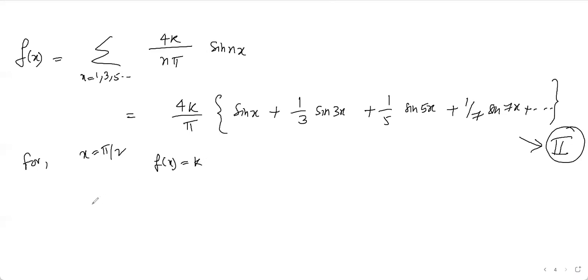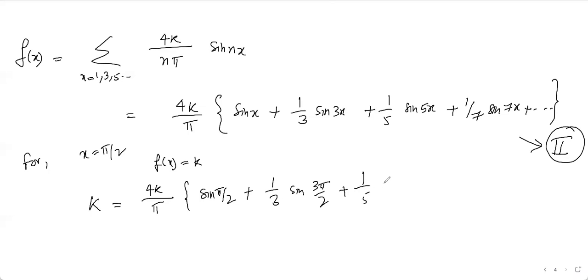So on the left hand side you have k, and on the right 4k by pi times sine pi by 2 plus 1 by 3 sine 3 pi by 2 plus 1 by 5 sine 5 pi by 2 plus 1 by 7 sine 7 pi by 2, and so on.